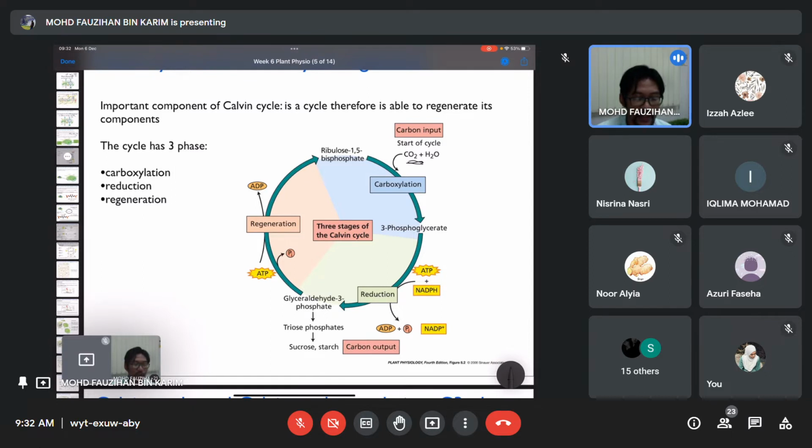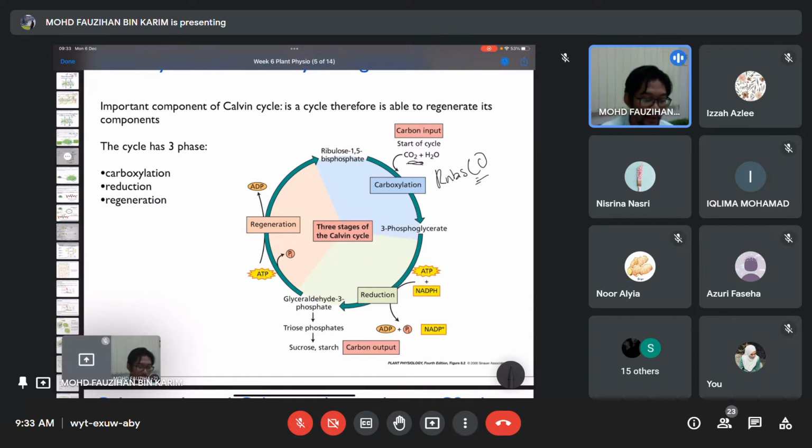First, it is captured by an enzyme, the important enzyme. This enzyme is the most abundant protein in the world, that is rubisco. Carboxylase oxygenase means that it can fix carbon dioxide, and it also can fix oxygen, right?